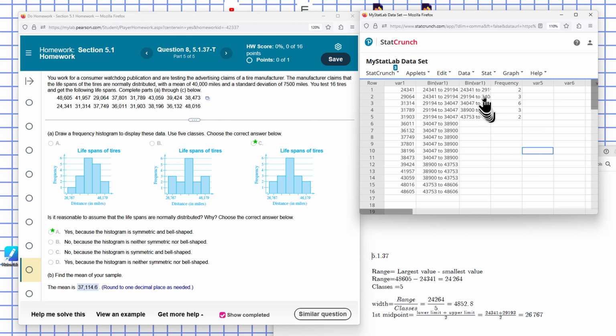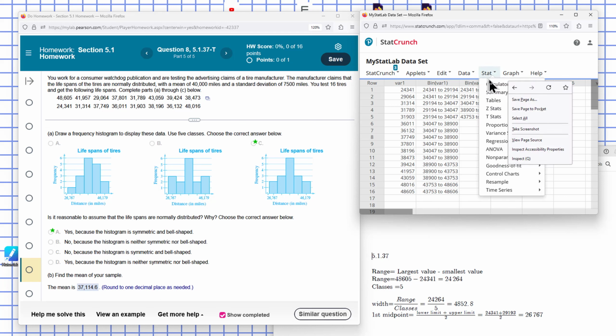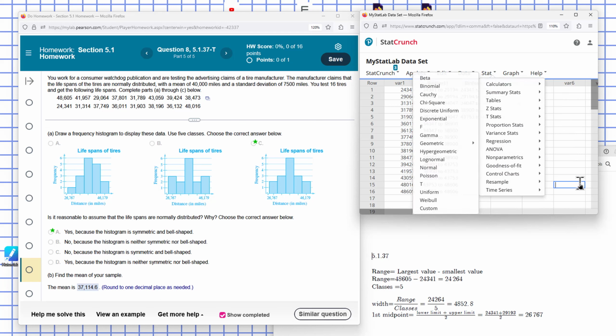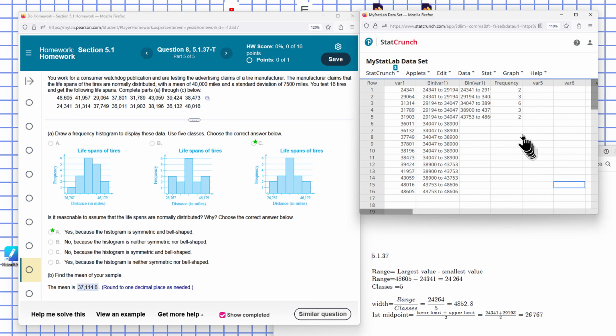So you can see the data in the table. The next thing I want to do is find the midpoints and get a histogram that way.